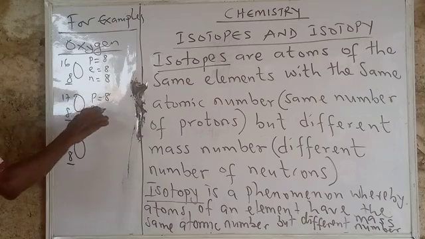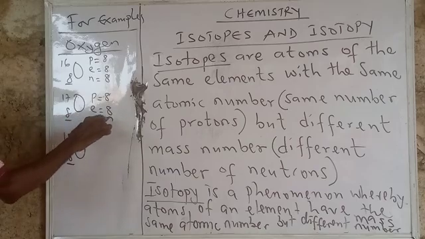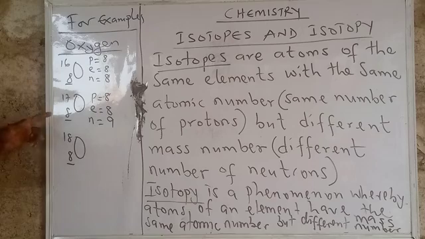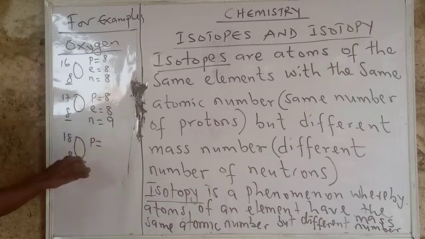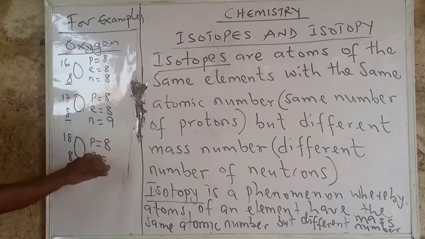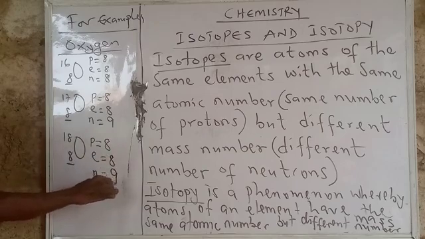The electron remains 8, while the neutron is 9. So we subtract atomic number from atomic mass, and it will give you the number of neutrons. For this isotope of oxygen, the proton here is 8, the electron is 8, while the neutron is 9.